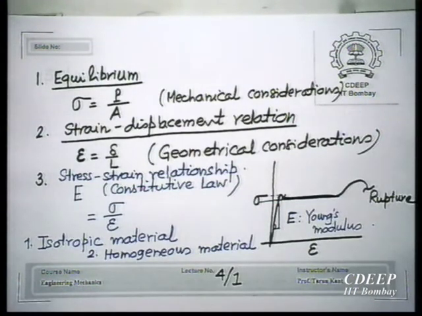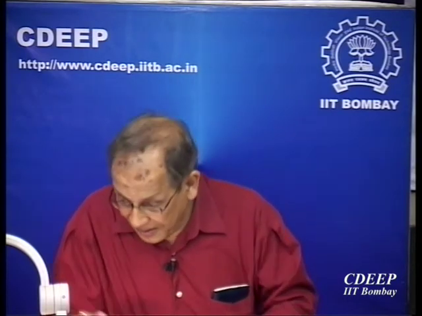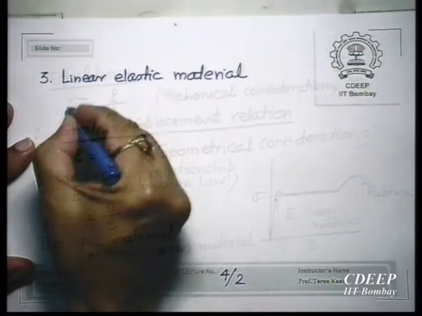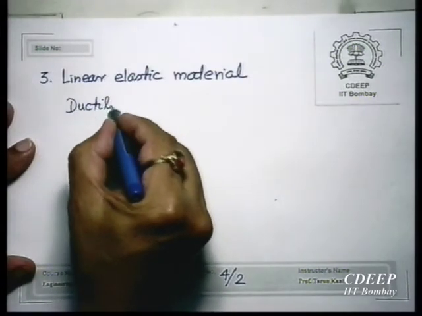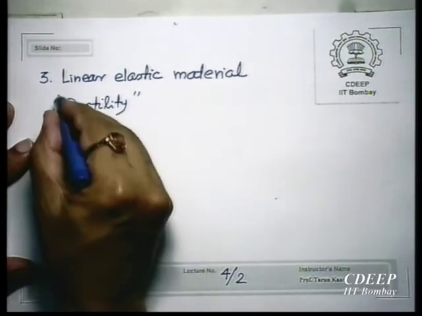Elastic, what? Plastic. No, plasticity is a general term, elastic and plastic. Ductility: the material is ductile. This property of the material is called ductility.